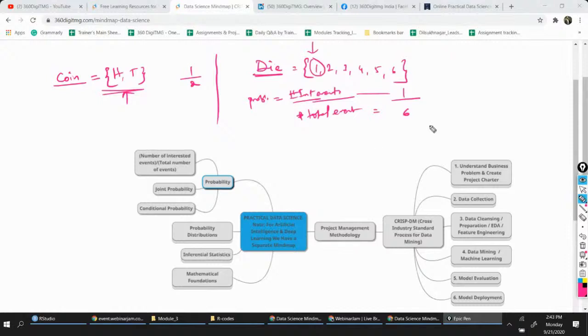Now, what is the chance that I might end up getting, let's say, 2? What is the chance that I get 2 when I'm rolling the die? Okay, good.